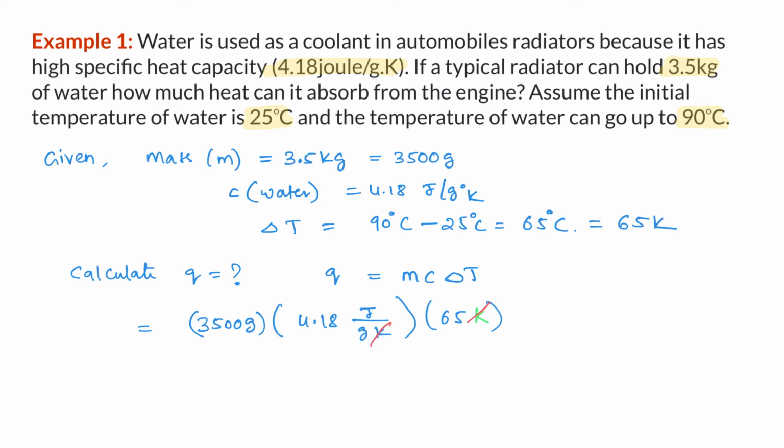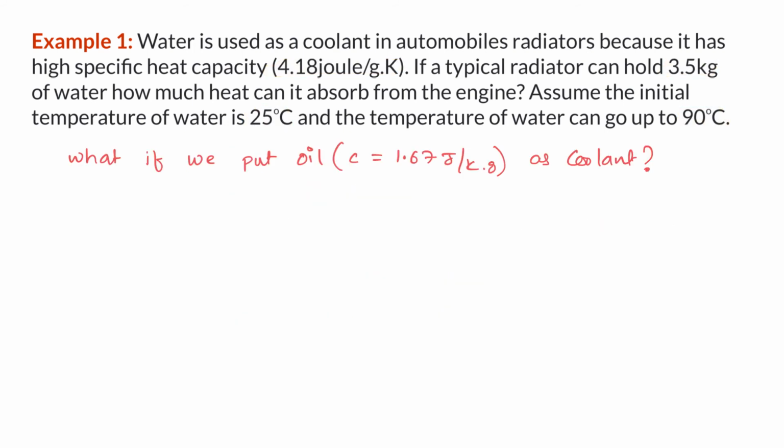Kelvin gets cancelled. Gram gets cancelled. If we do the math, we get the heat energy absorbed by water is equal to 950 joules. So, the water can absorb a maximum amount of 950 joules of heat energy.